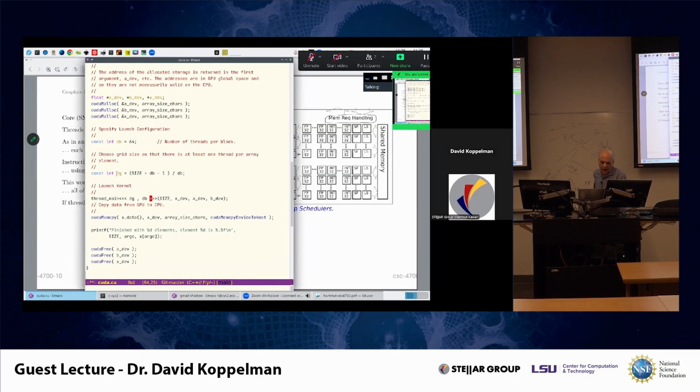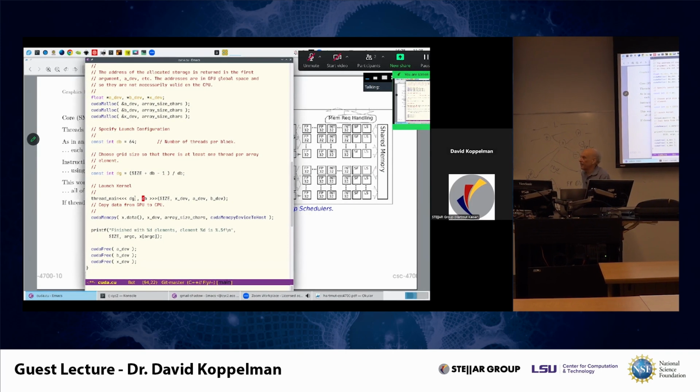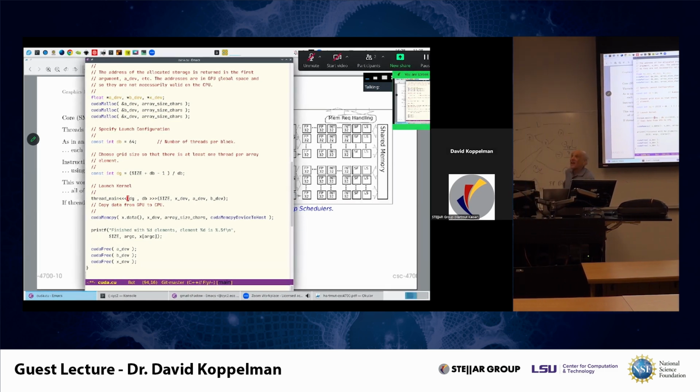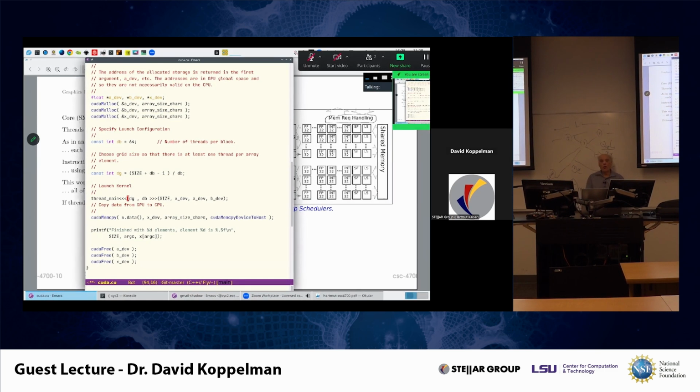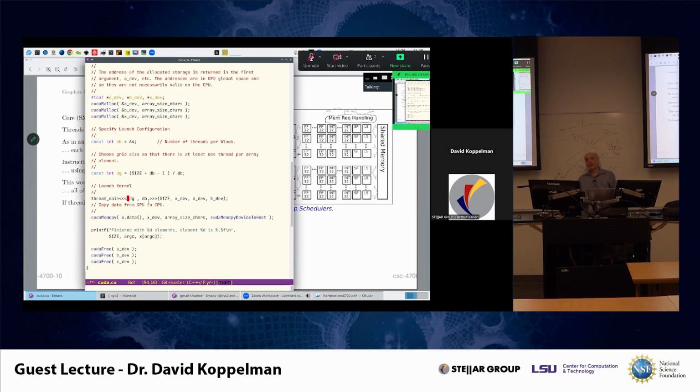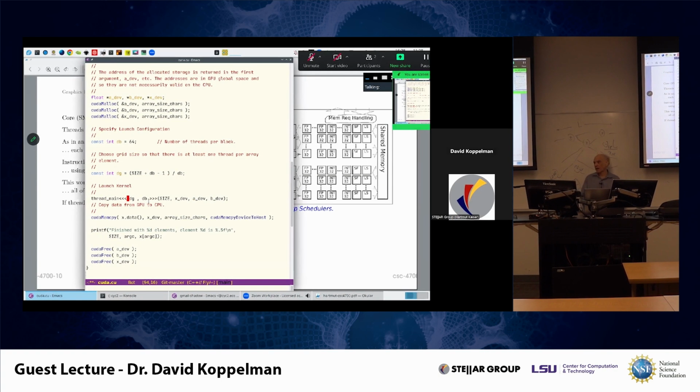So this DG is the number of blocks. So threads within a block can share. dB is the number of threads within a block. So the total number of threads is the product of those 2 numbers.